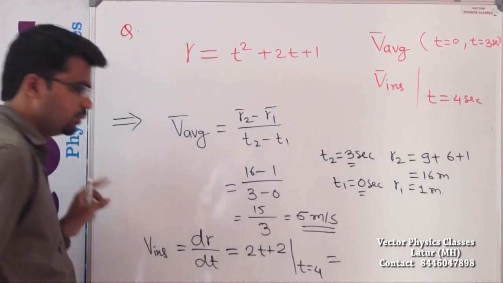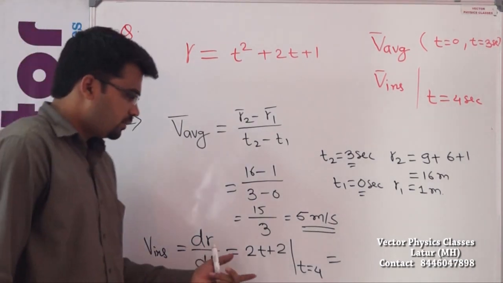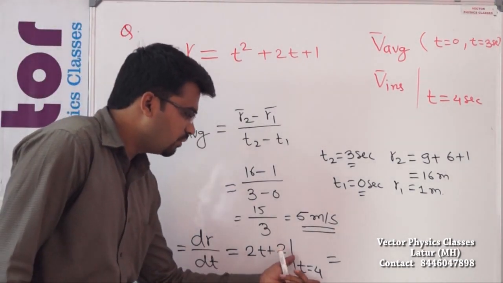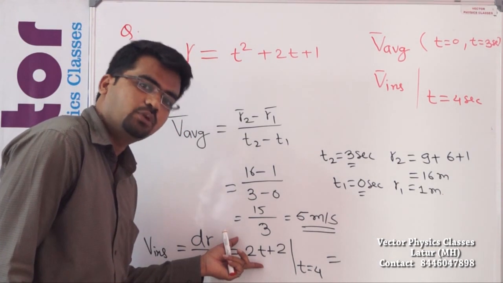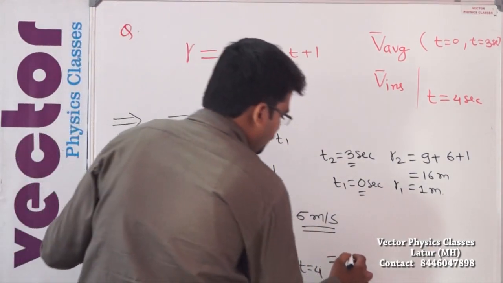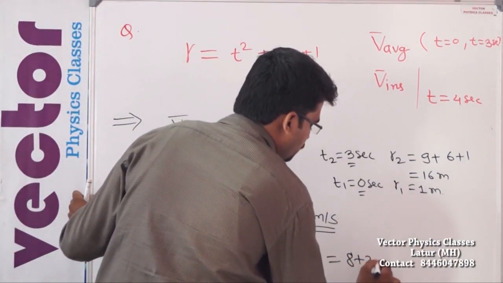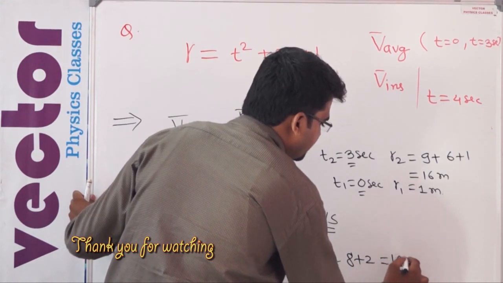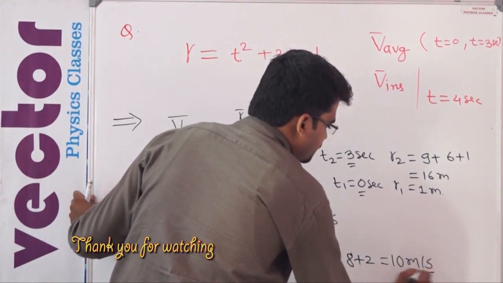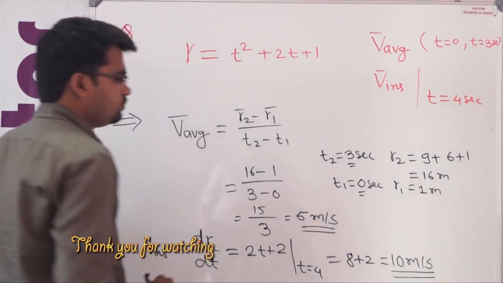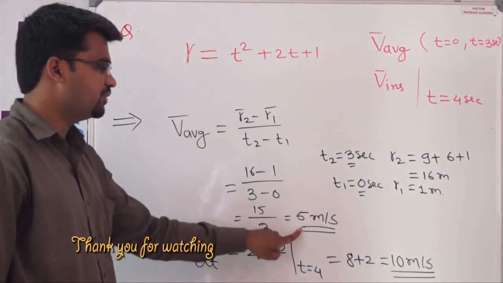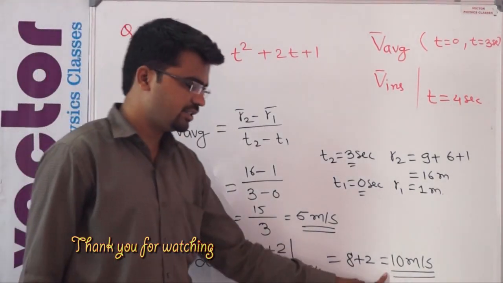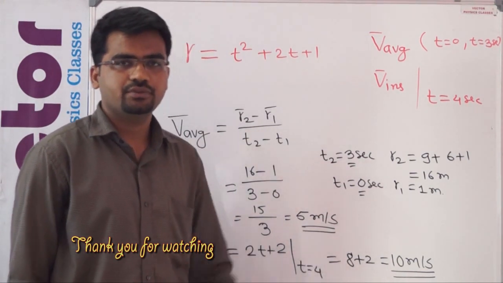If you put t equal to 4 in this equation, you will get 8 plus 2, which is equal to 10 meter per second. So this is the average velocity and this is the instantaneous velocity. Thank you.